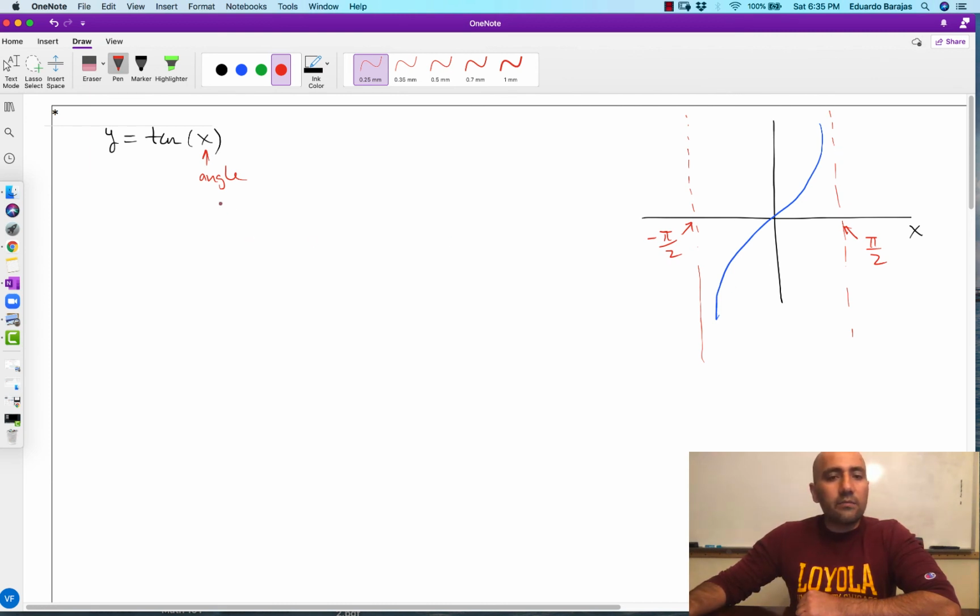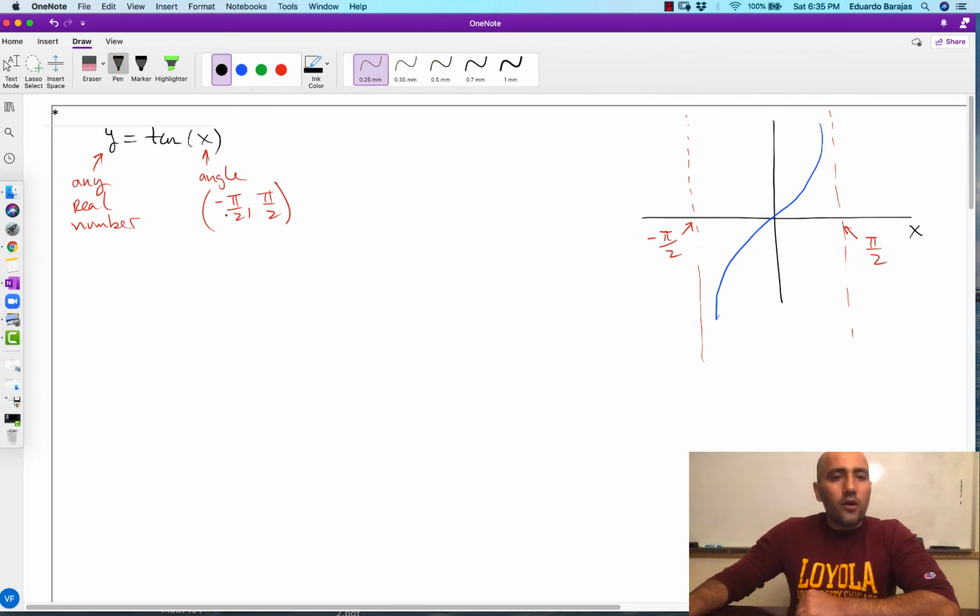So again, it's going to be restricted to negative pi over 2 to positive pi over 2, not inclusive of the endpoints. And the output in this case is any real number. This goes up to infinity. So any real number.